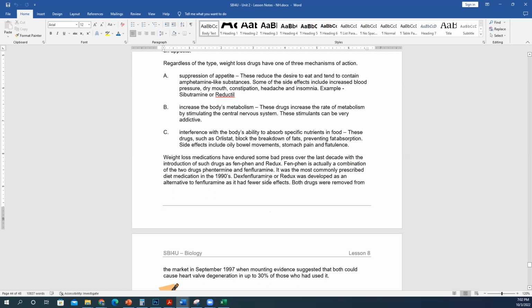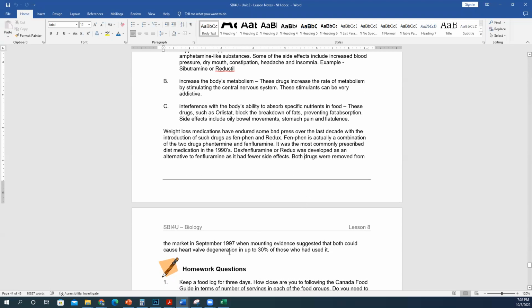And then there was this drug Redux, which was developed as an alternative to that fenfluramine and thought to have fewer side effects, but eventually both drugs got removed from the market in September 1997, where there was enough evidence to show that both of these drugs caused heart valve degeneration in up to 30% of those who had used it.